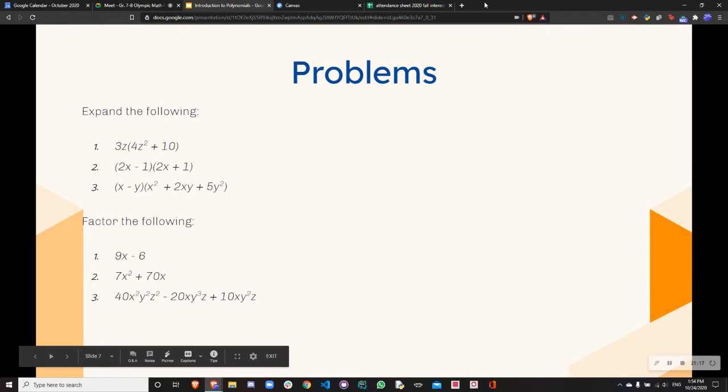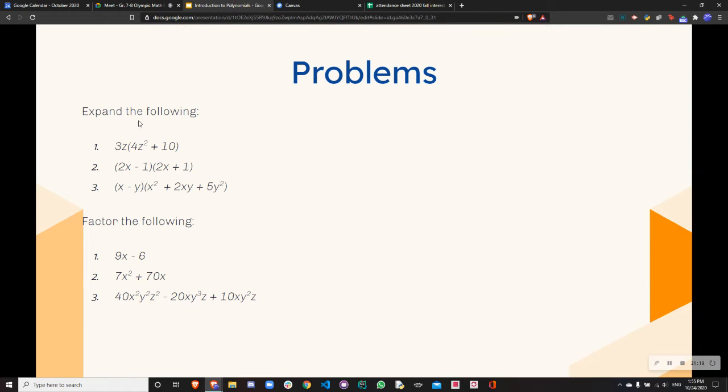Let's look at a few expanding and factoring problems. So you expand these problems, 1, 2, 3, and also factor these problems, also 1, 2, 3.